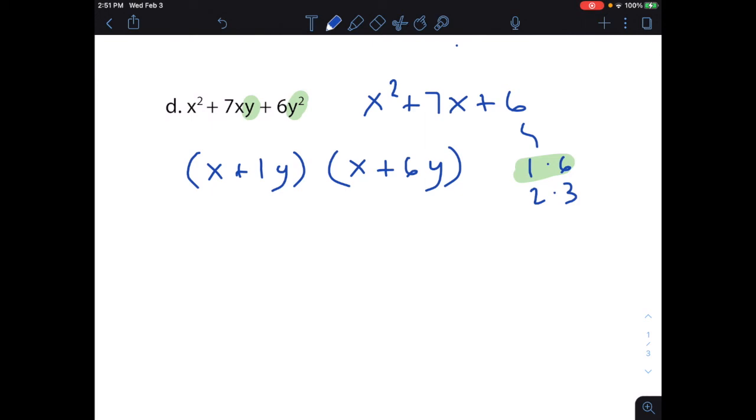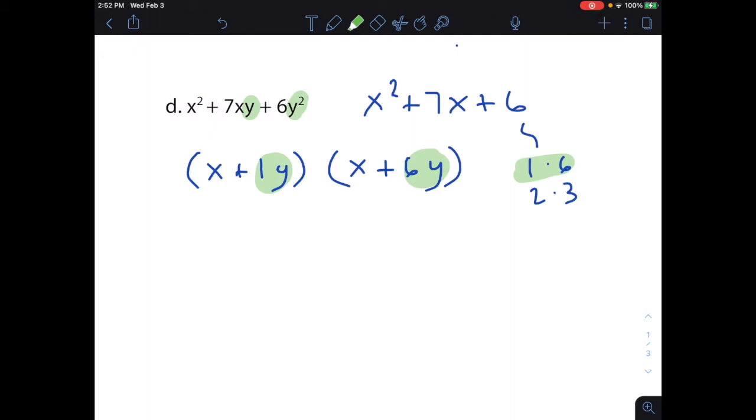All right, and the reason we have that y there is because we have a y squared in the last term, and we always want this last term to multiply to equal the last term in our trinomial. So 1y times 6y is 6y squared. Okay, and then having that y with the 1 and the 6 is going to give us the y we need for the middle term as well.